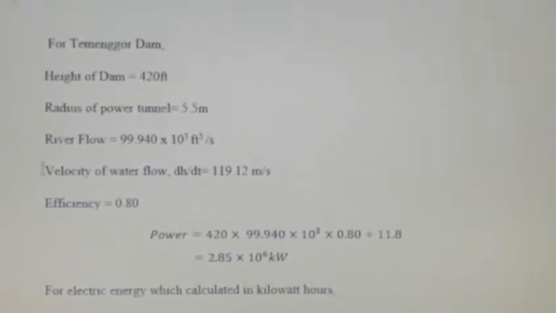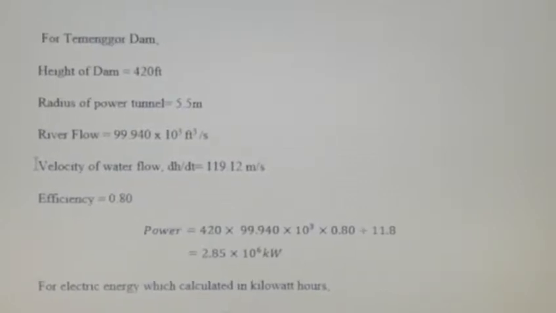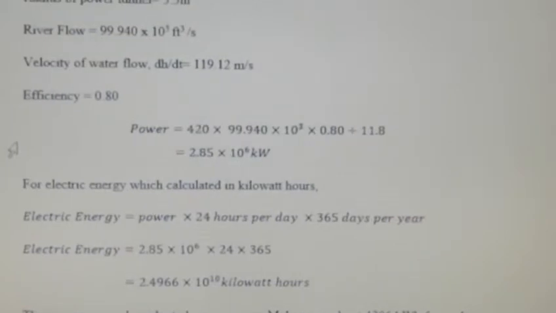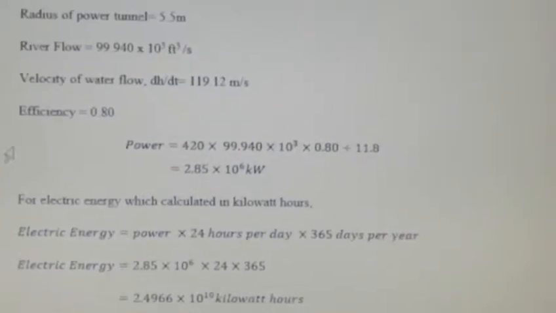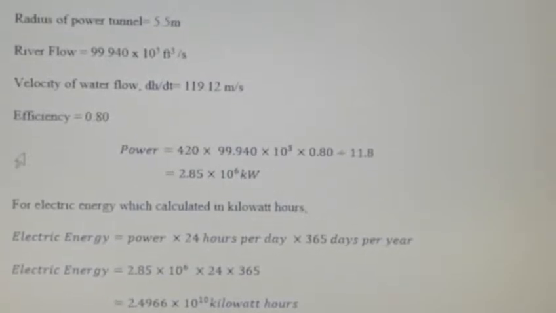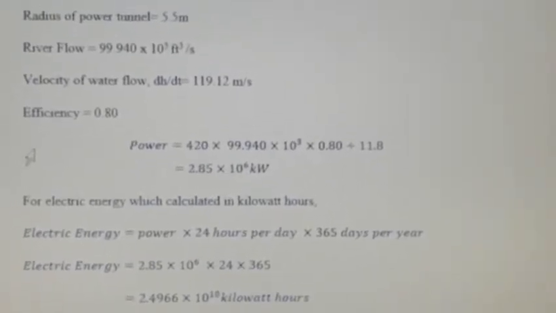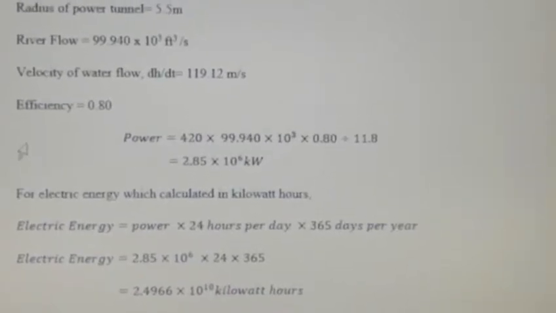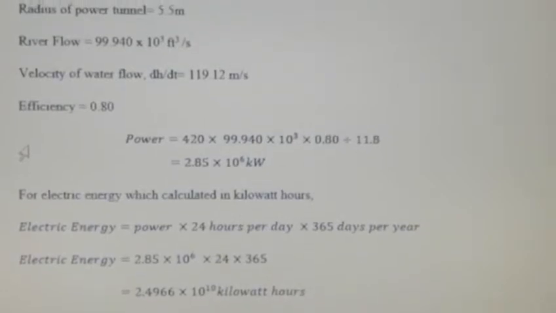The velocity of the water flow is 119.12 meters per second. The efficiency is 0.8. So our power is equal to 420 times 99.940 times 0.8 divided by 11.8, which is 2.85 times 10 to the power of 6 kilowatts.